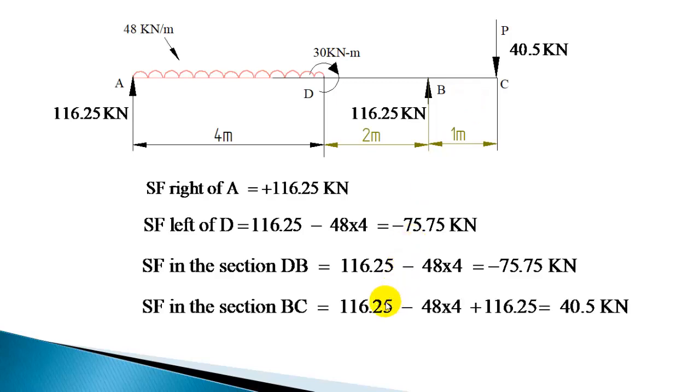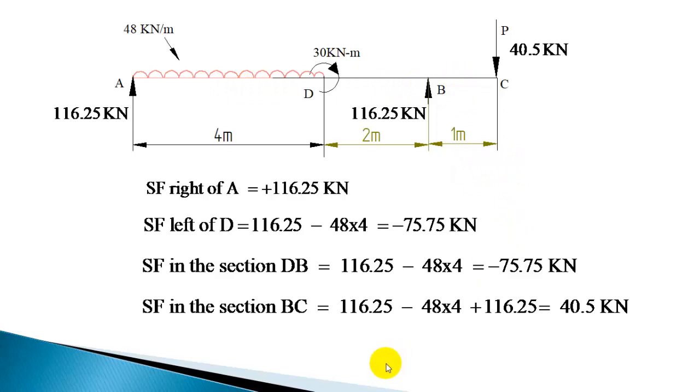So in the section BC, 116.25 minus 48 into 4 plus 116.25 is equal to 40.5. So you got the shear force on various sections.